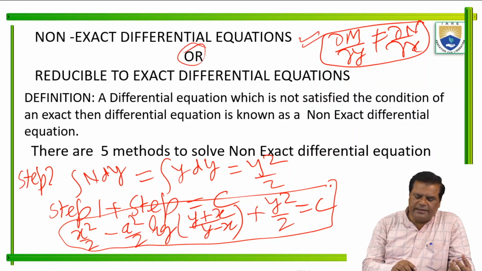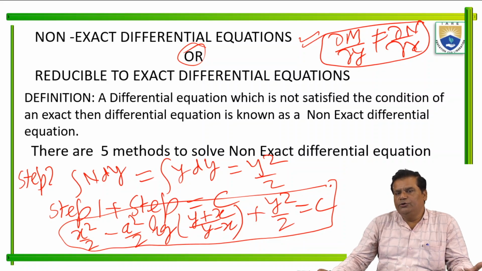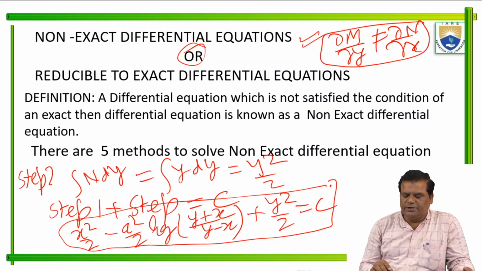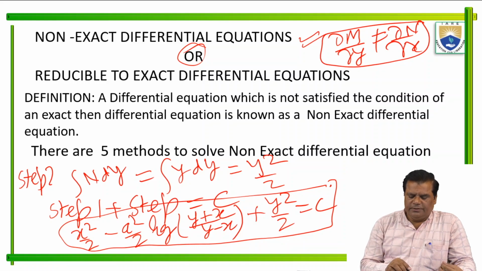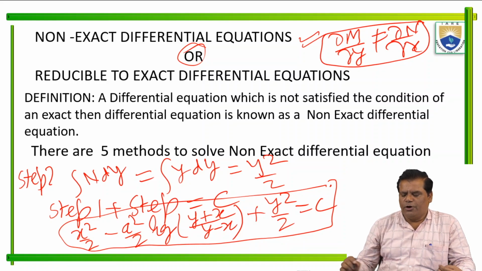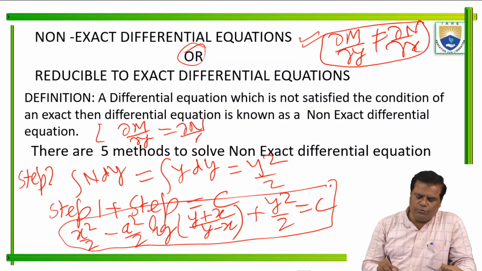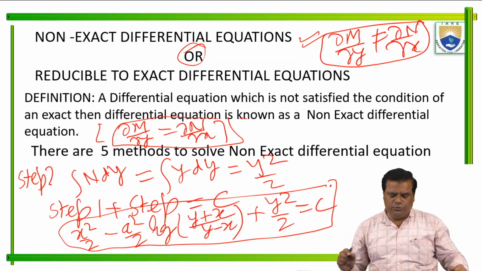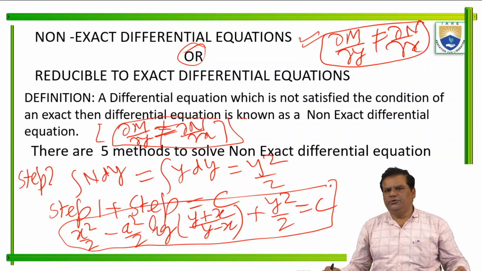Or we can say they are reducible to an exact differential equation, meaning these equations can be reduced to an exact one. So the definition: a differential equation which does not satisfy the condition of an exact equation is known as a non-exact differential equation. Here del m over del y is not equal to del n over del x.